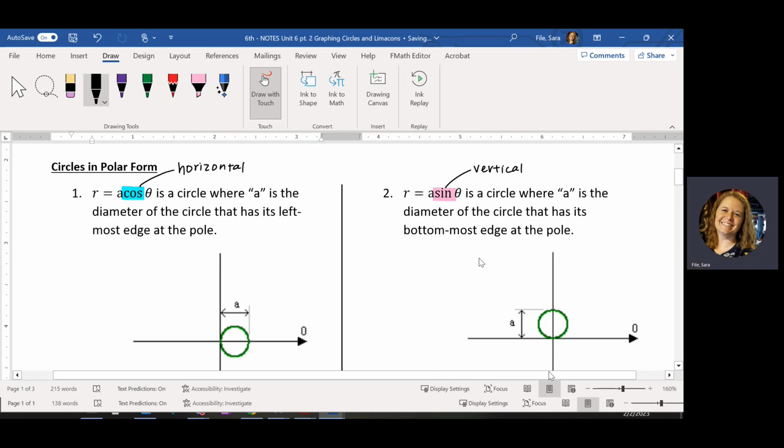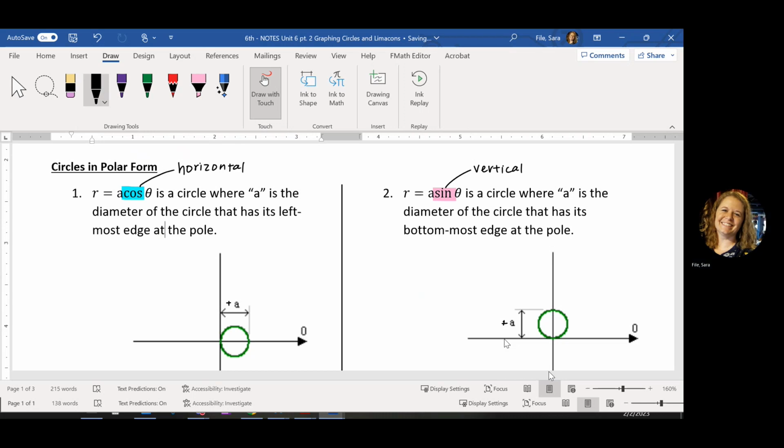Now, what would make it different would be if that A value was negative instead of positive. In these two examples, you've got a positive A drawn, and the A is the diameter of the circle.